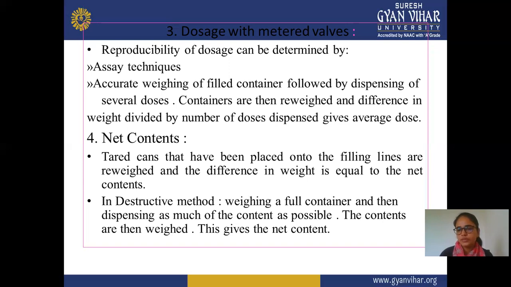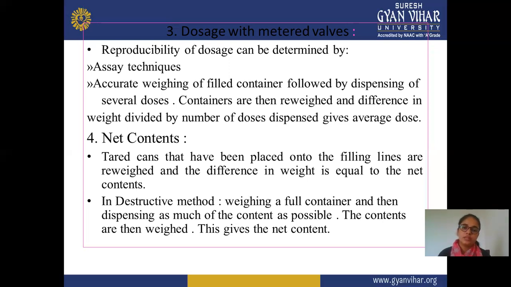This means we first weigh the can in empty condition, and after filling the can with your formulation, we weigh the container again and check how much difference takes place. This difference is the net weight or total weight of your formulation. The difference between initial and final weight shows the net content.